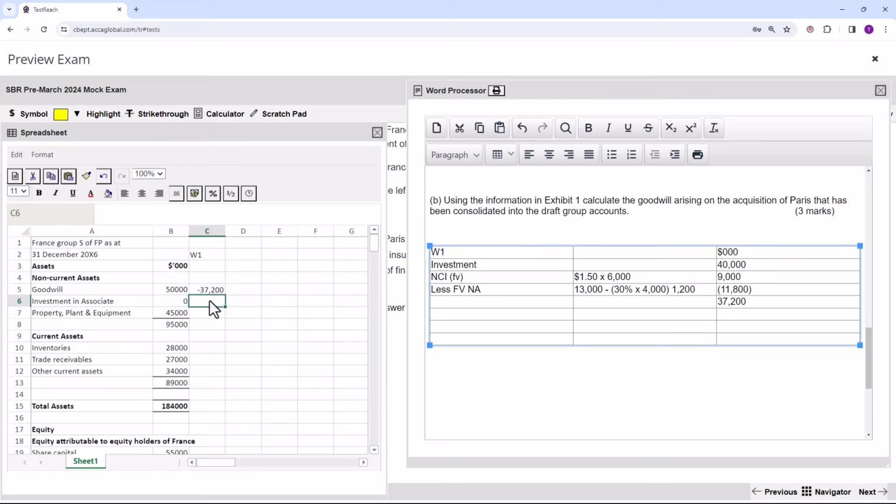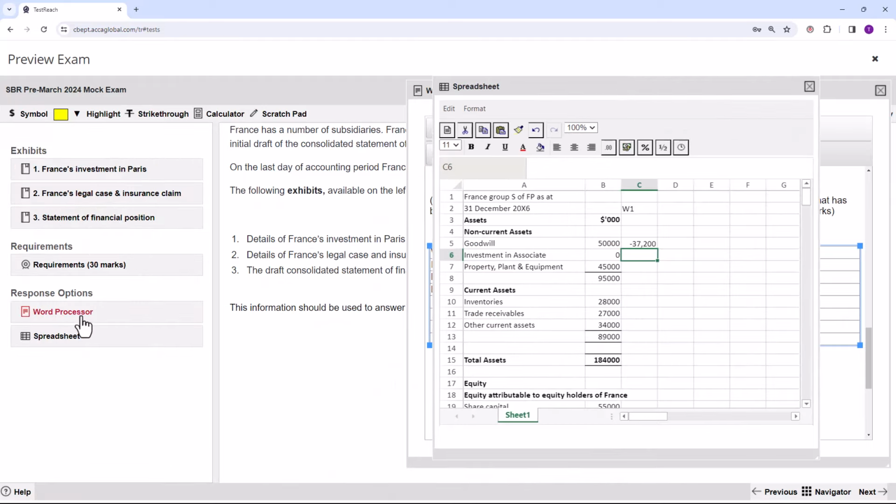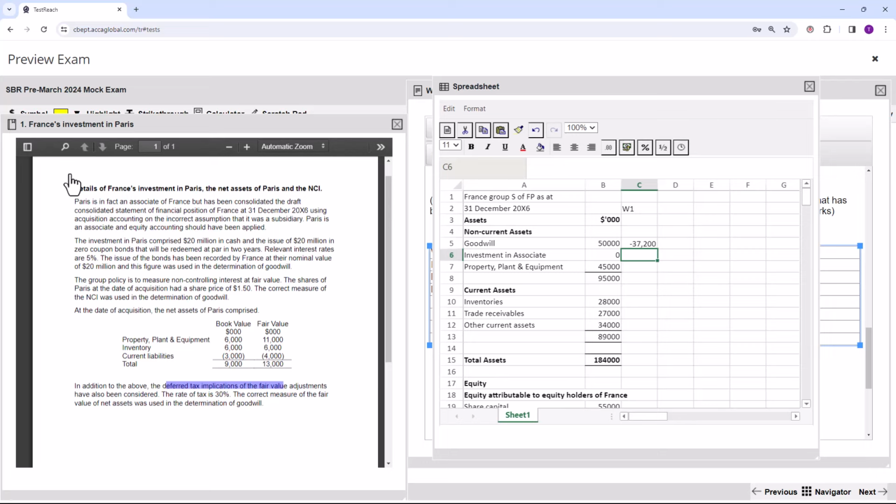But I do want to answer the question holistically. And in my head, I'm full of the adjustments that were also made in calculating that goodwill and the information that was given to us in exhibit number 1. Because if we are saying it's no longer a sub, then we've got to also effectively remove the consolidation of the PPE of 11,000.